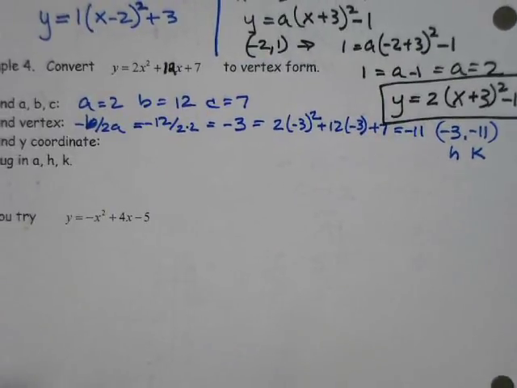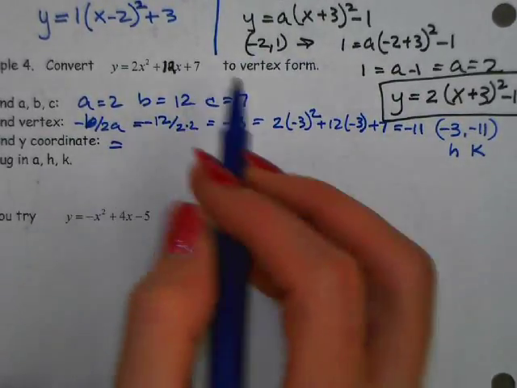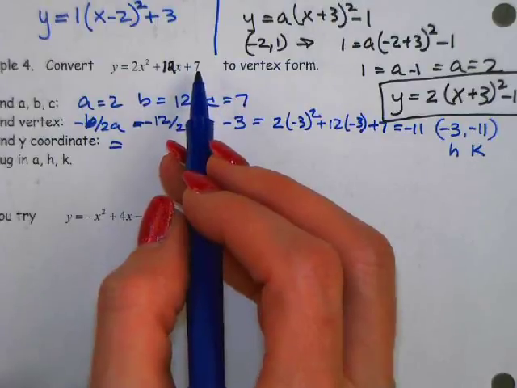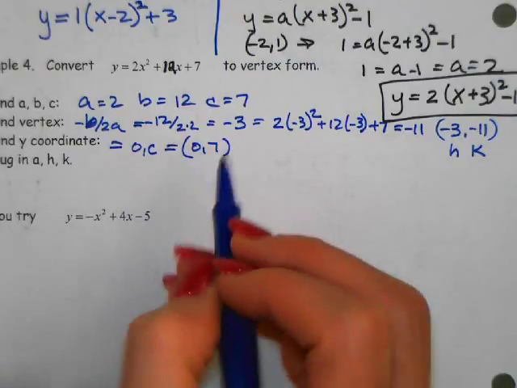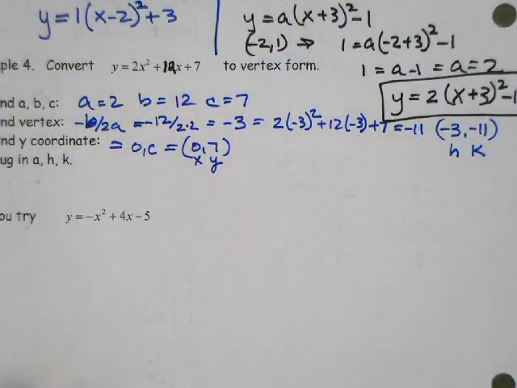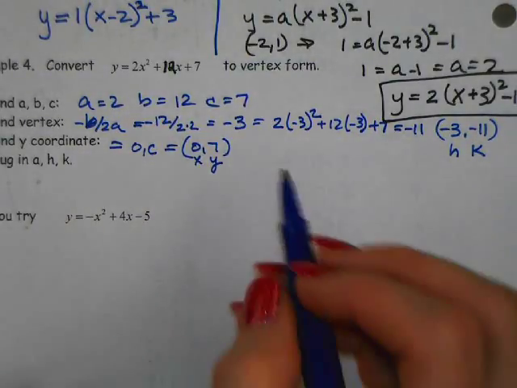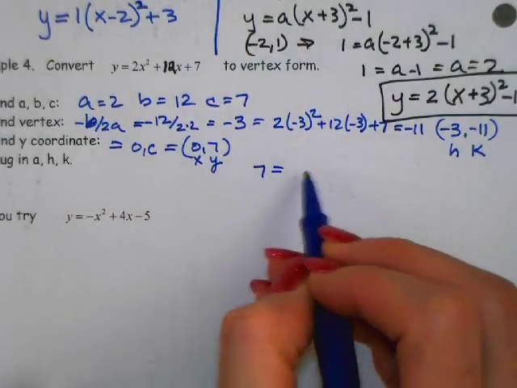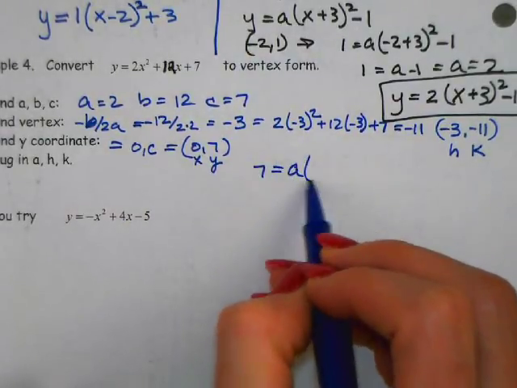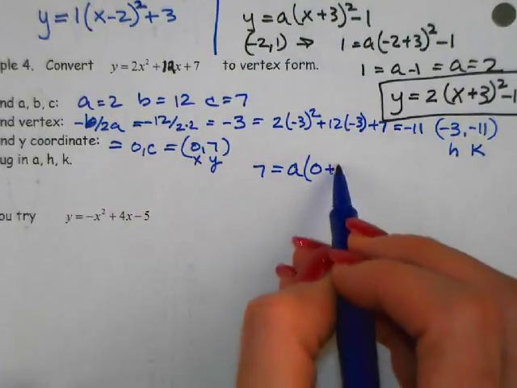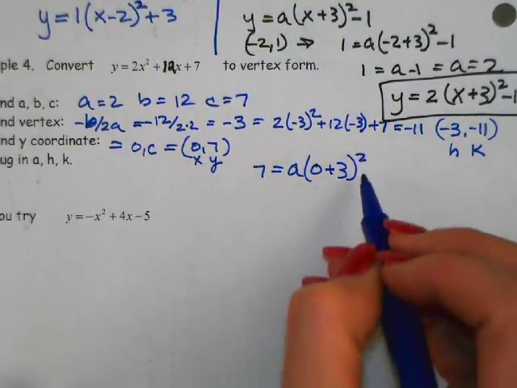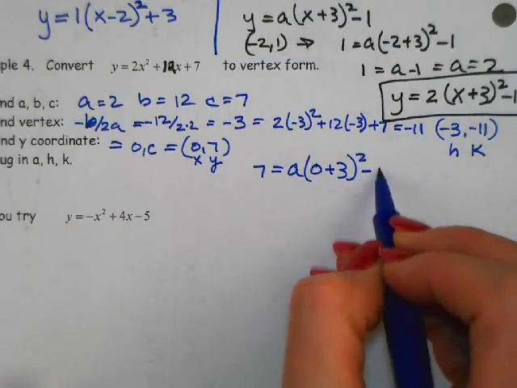Okay. So I know a point, because I know my x-coordinate is 0, so y equals c, which equals 7. So now I have an x and a y, don't I? So now I can plug it all in. So I got 7 equals a(0 minus -3, which is plus 3) squared, and that's going to be minus 11.